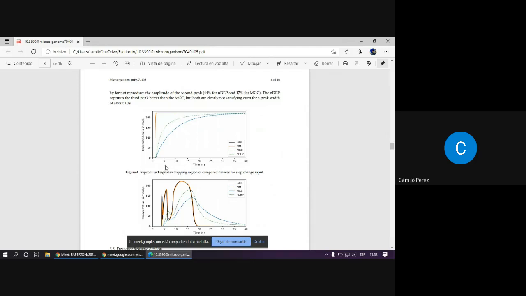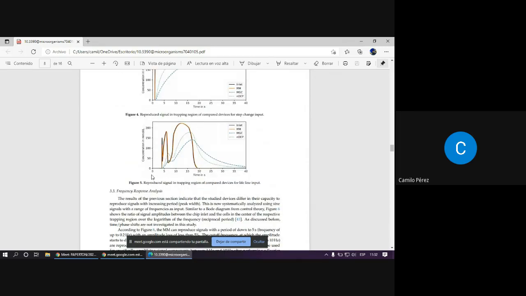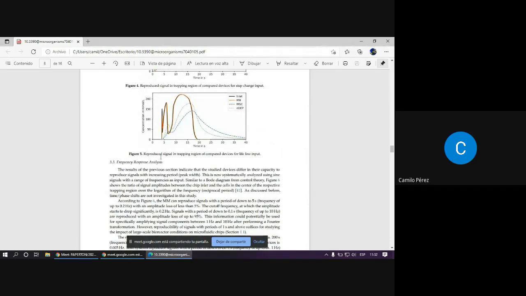It depends on the level of the vessel for producing the signal. In this case, you can see the signal over time.